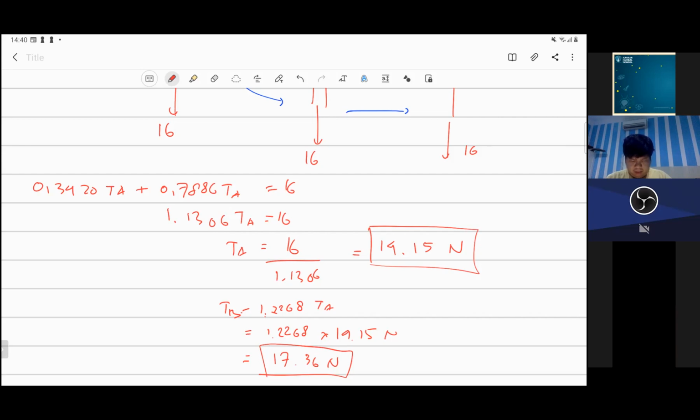But usually I use 4 decimal places for clarity. Usually the answer is just asking for 3 decimal points. Check the question. If they don't state it, the default is 3. But I'm calculating in 4 to increase the accuracy. Oh, okay. Thank you, sir.